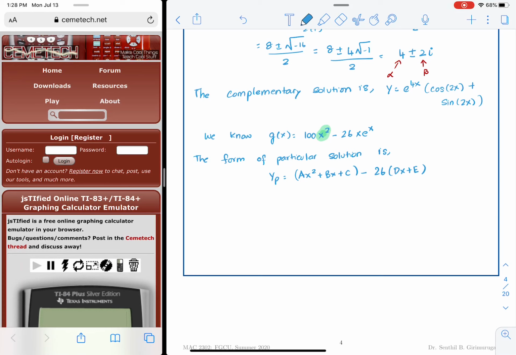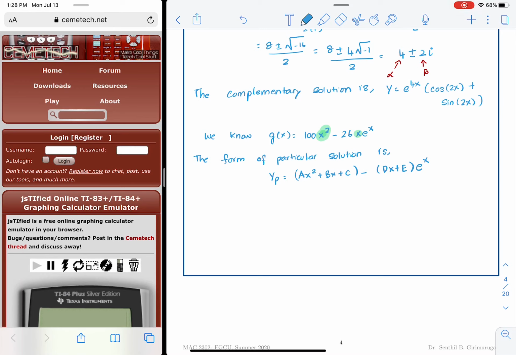Oh, sorry, I don't need the 26. If we have a constant, we don't have to specify the constant. The reason why I put a linear form is because I have x and multiply that by e raised x. And that is the form that I'm assuming for the particular solution.